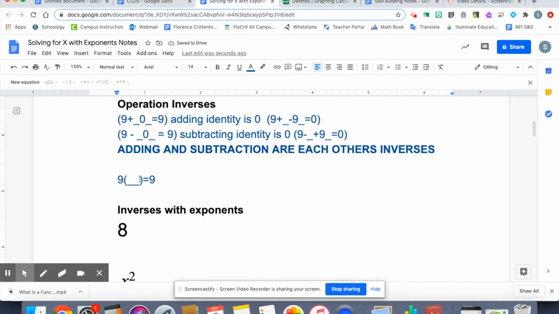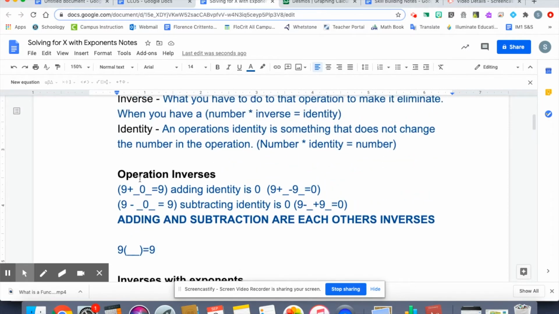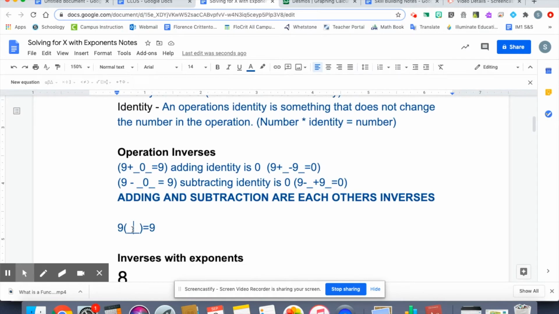Because remember, the identity is some number that when I do that operation, it doesn't change the original number. So 9 times what is 9? 9 times 1. So multiplying identity is 1.